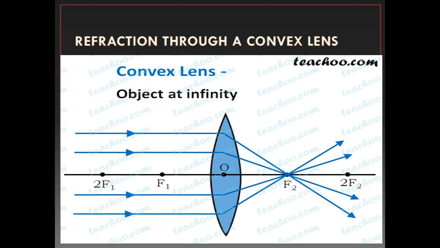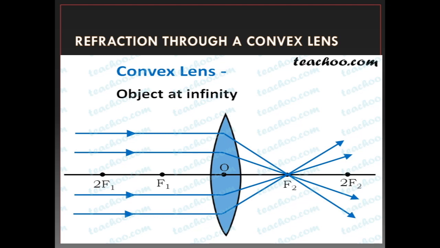Okay, see, this is the convex lens. Uniform rays of light are passed. Everything converges at the same point F2, and then diverges. A parallel beam of rays passes, then at the center it converges and then diverges.